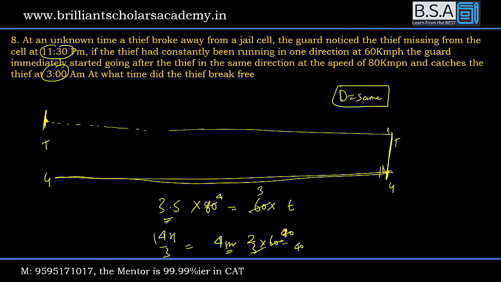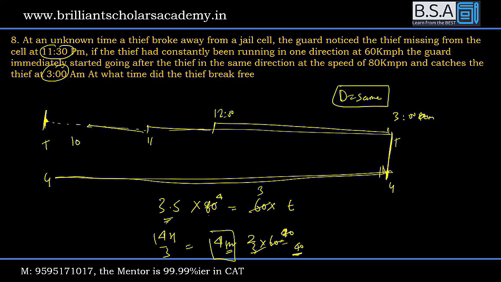So you must understand, the thief has been running for 4 hours and 40 minutes. From 3 a.m., you go back 3 hours, that is 12, midnight. You go back a further 1 hour, that is 11, and you go back 40 minutes. That means at 10:20, the thief broke free.